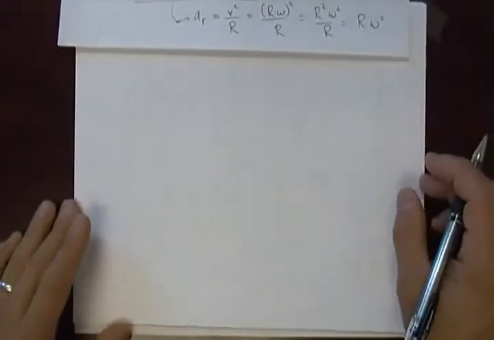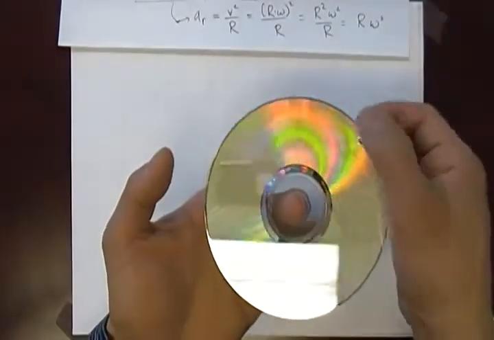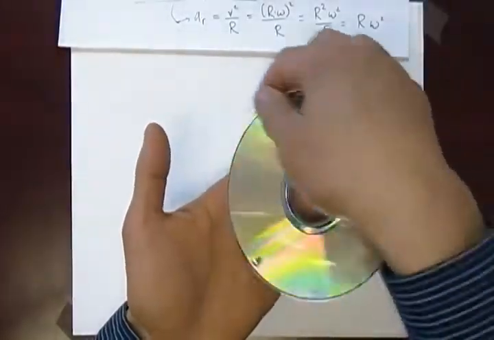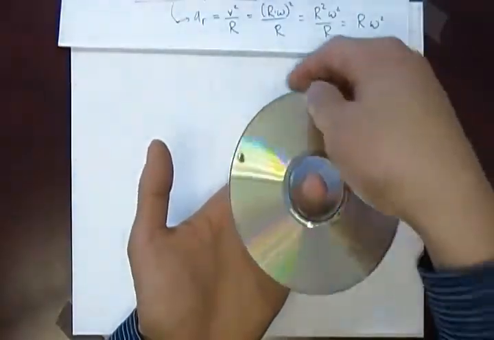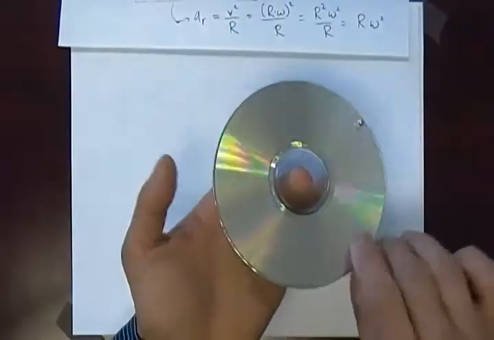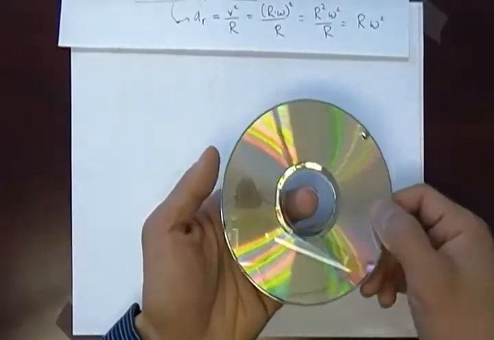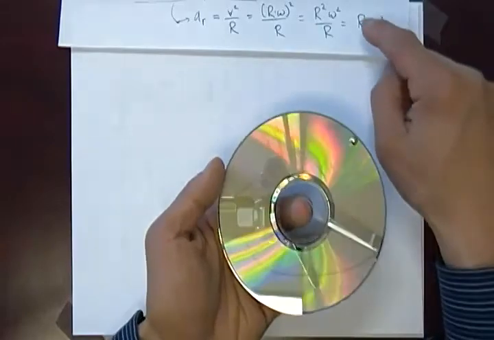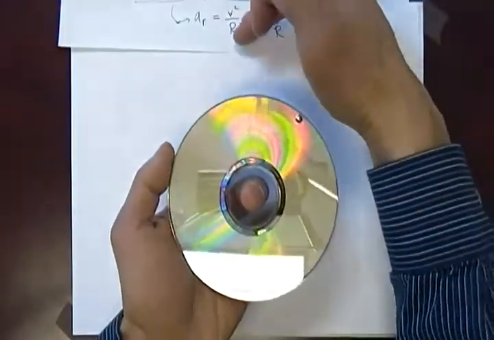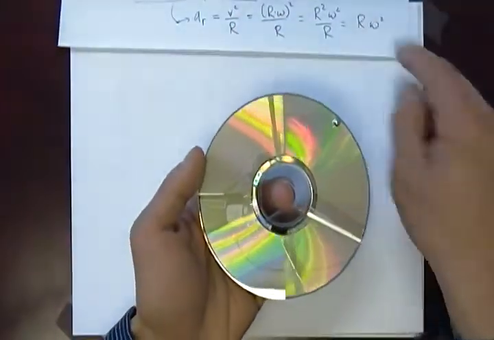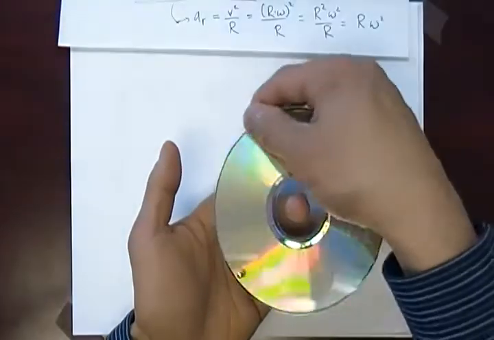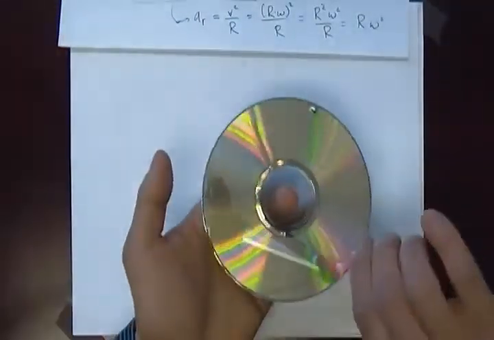If you think about something going around, so this object here, in order to go around a circle, let's just make it uniform circular motion, there's going to be a centripetal acceleration pointing inwards towards the center of the circle, and it will be equal to, well, you already know the formula v squared over r, but you can also write it as r times the angular velocity omega squared.